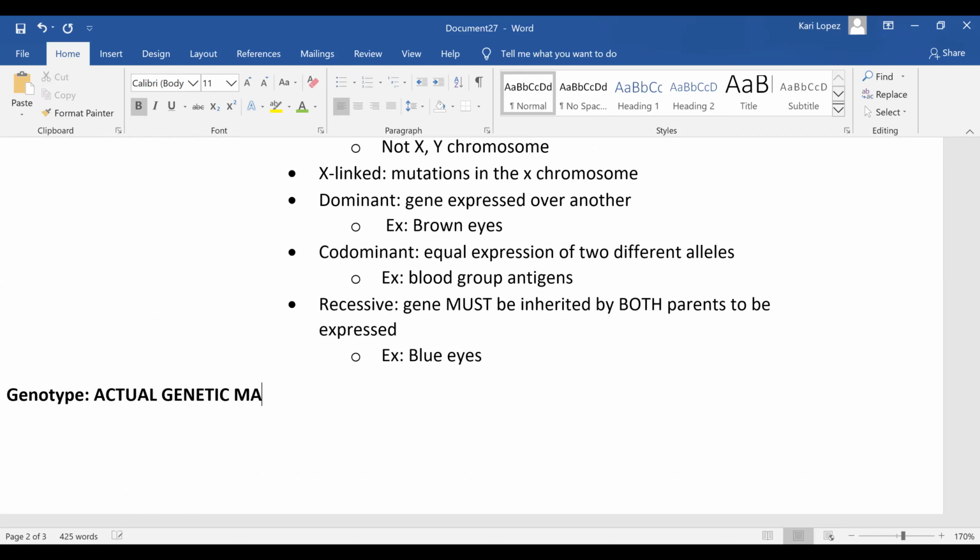And then males and females are equally affected.